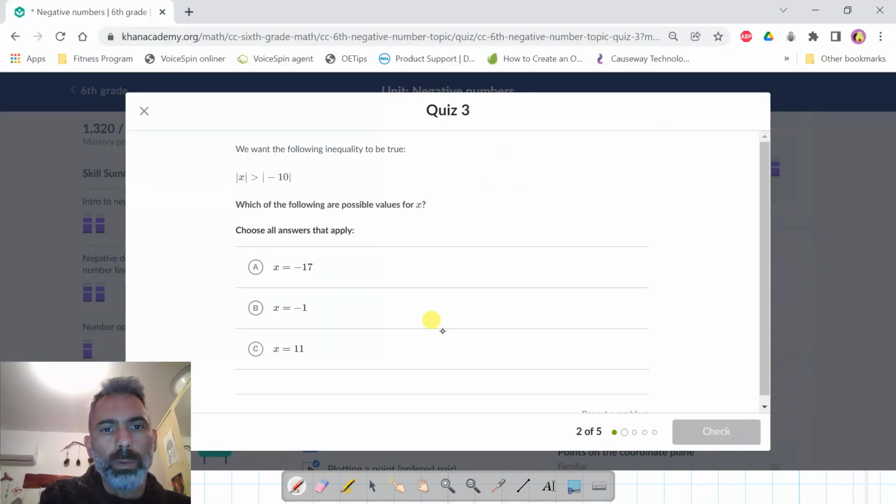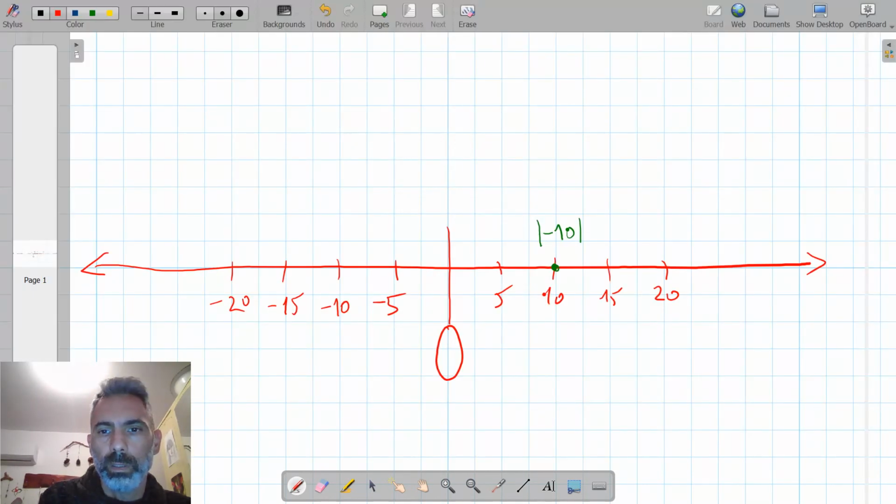Which of the following are possible values for x? Choose all answers that apply. X equals negative 17. So the absolute value of negative 17 is 17, which is about here.